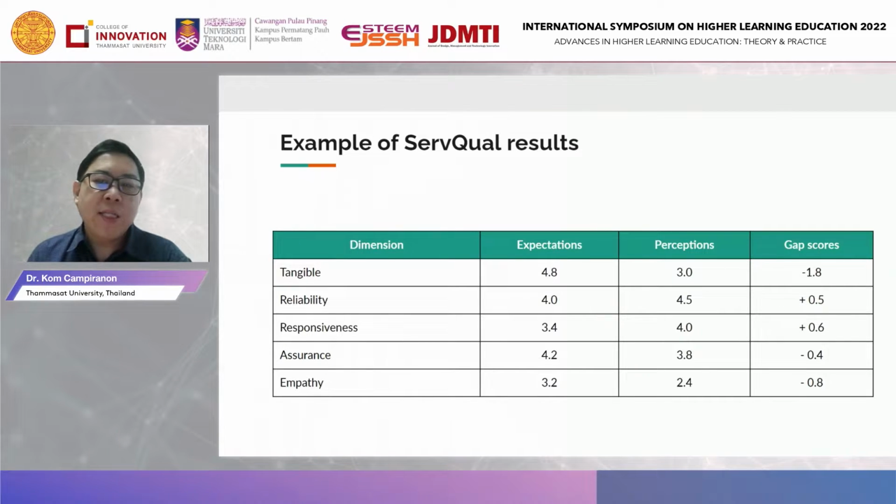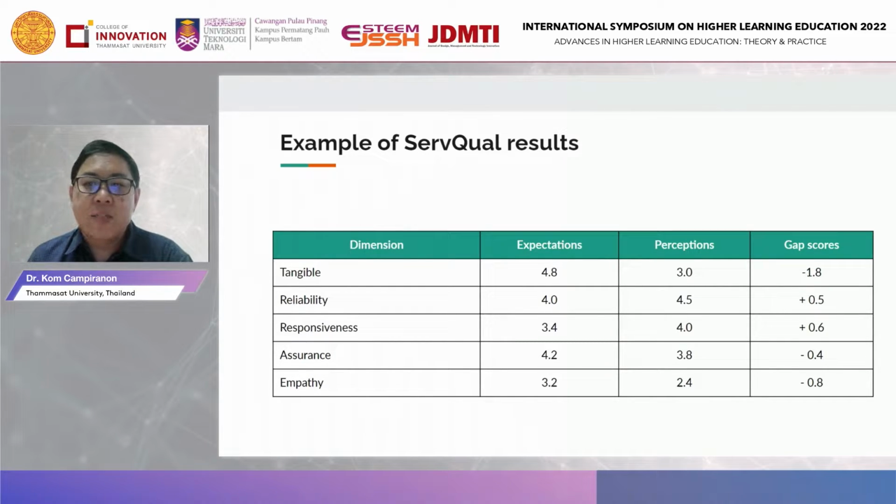Now, in reality, the perception, the guests say that, okay, once they arrive at the hotel, they only give like 3 scores, which means not very high. So this gap score is about minus 1.8. So it means that customers are a bit disappointed because the tangible dimensions are not as good as they thought or as expected.